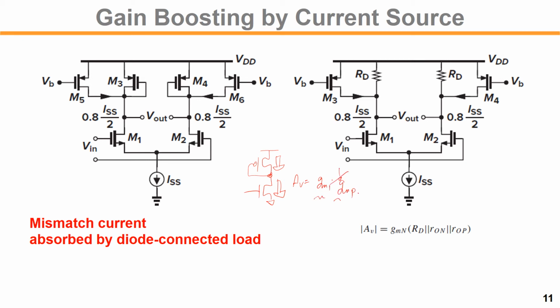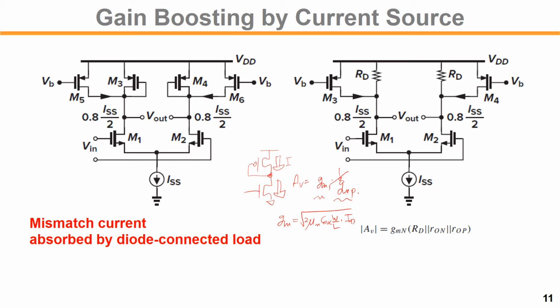Since we are sharing the bias current, the GM difference would not be that large, because by definition GM is the square root of 2 times mu n Cox W over L times ID.